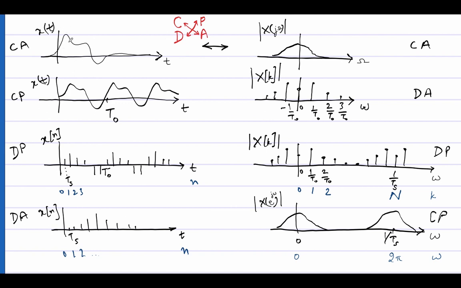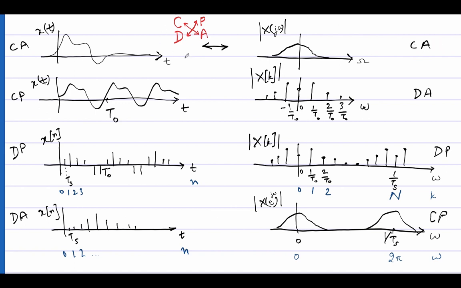Let us say we have a continuous time signal like this, and I transform it into the Fourier domain, and the transform will be something like this. This is continuous and aperiodic.